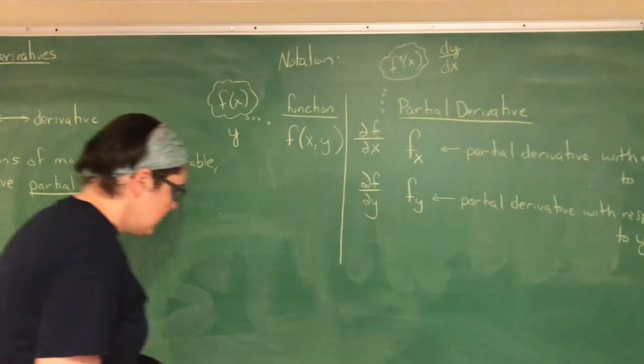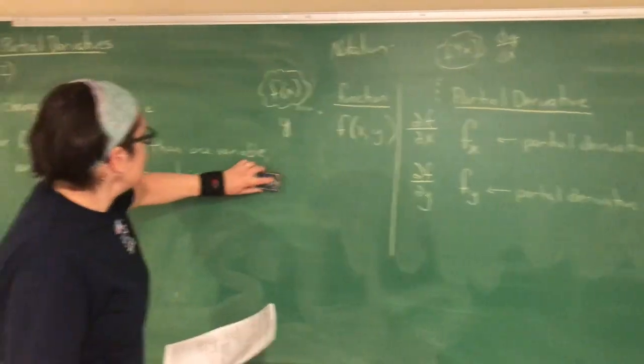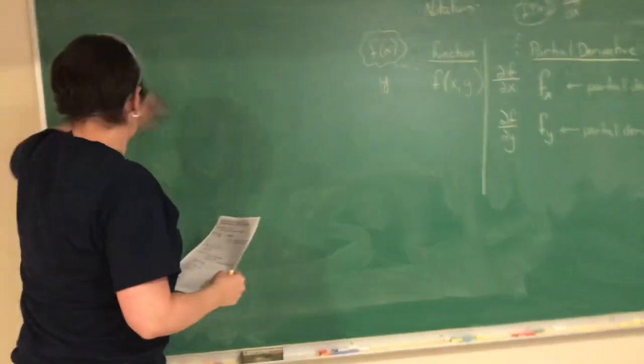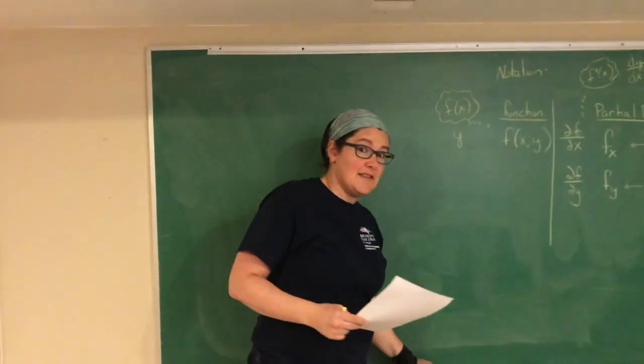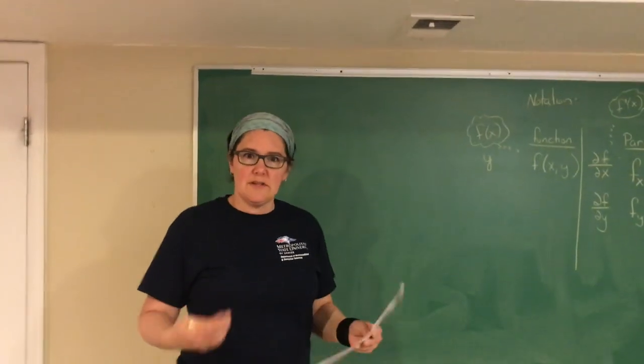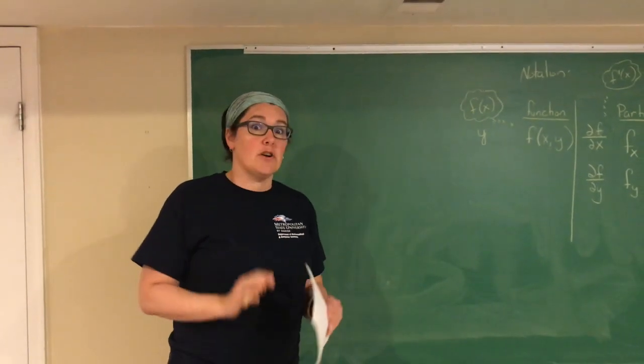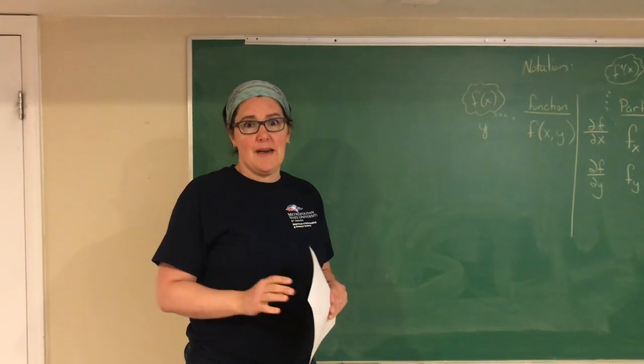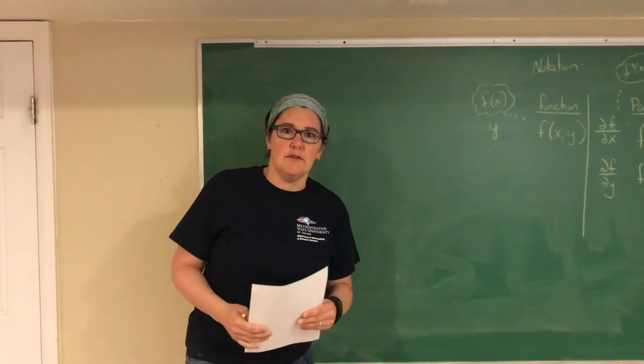Okay, so now that we've seen this notation, let's calculate some partial derivatives. Again, I want to emphasize that today we are not going to talk about what these partial derivatives tell us or how we want to interpret them. That's our class on Tuesday. Today we're just talking about the how-to part of calculating these derivatives.